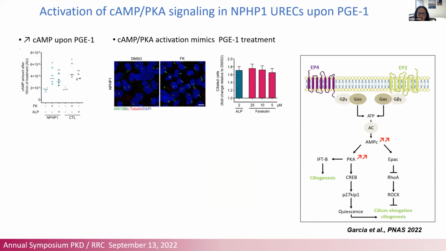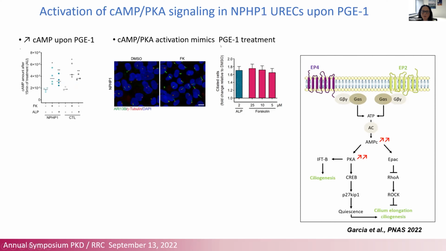In order to be sure that the ciliogenesis effect was due to the activation of the cyclic AMP-PKA pathway, we pursued this investigation. Indeed, we show that upon treatment with alprostadil, or PG1, we have an increase of production of cyclic AMP in NPHP1, and this is similar to forskolin activation.